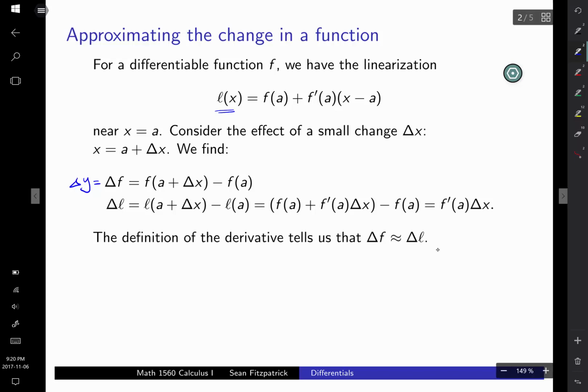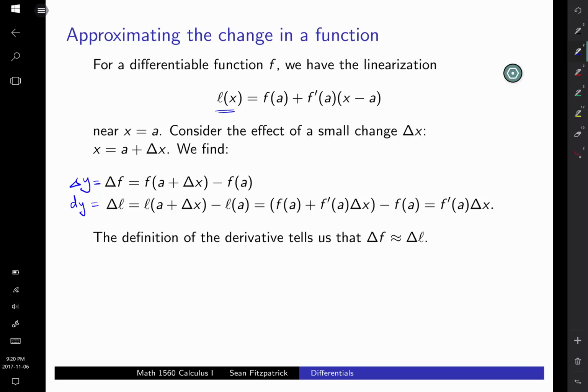This quantity here, for historical reasons, I'm not sure why we call it dy, but we'll try and flesh out this notation in the next slides. The change along the tangent line is often referred to as dy to distinguish it from the delta y that you get if you stick to the curve.